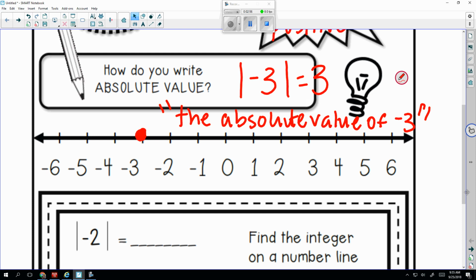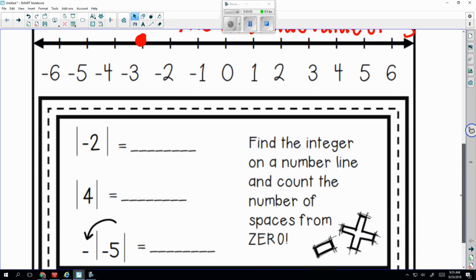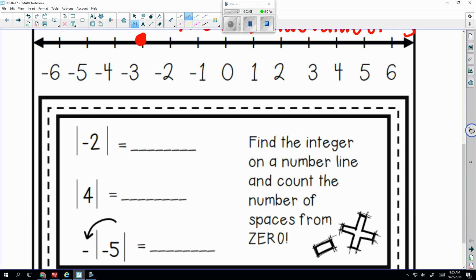But let's check it out down here on the bottom. I'm going to scroll up a little bit, and we're going to look at these three. What does this say? The absolute value of -2 is... Let's find -2 on the number line. How far is -2 from 0? 2. So the absolute value of -2 is 2.